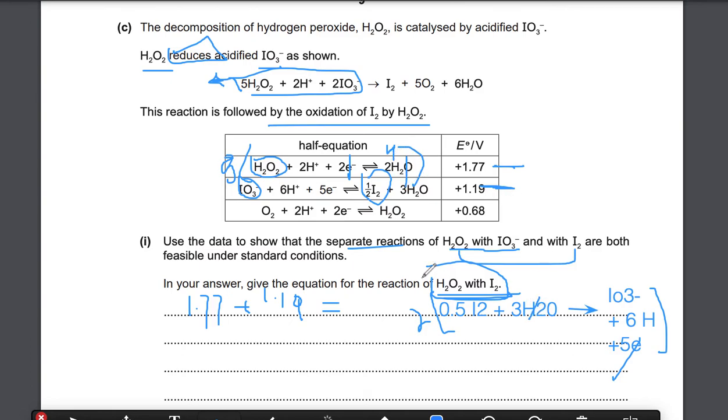Okay, now what about hydrogen? So 10 over here and 12 over here. So we write 2 over here. Okay, so what is the final equation?